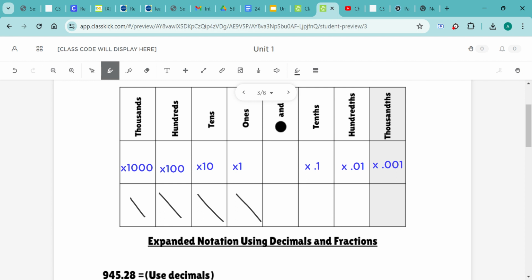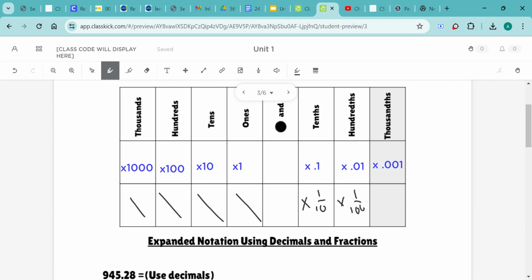What about the tenths, hundredths, and thousandths, though? If I'm writing my expanded notation in fraction form, which we can do, I would be multiplying by 1/10. If I have a digit in the tenths place value, I would multiply it times 1/10. If I have a digit in the hundredths place value, I multiply it times 1/100.